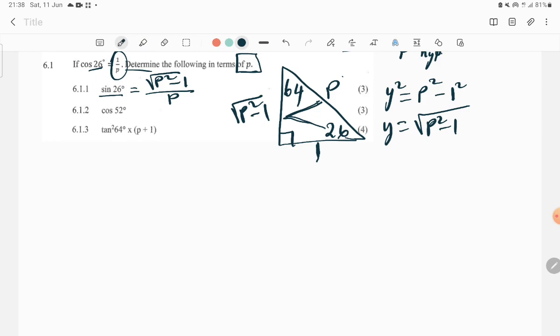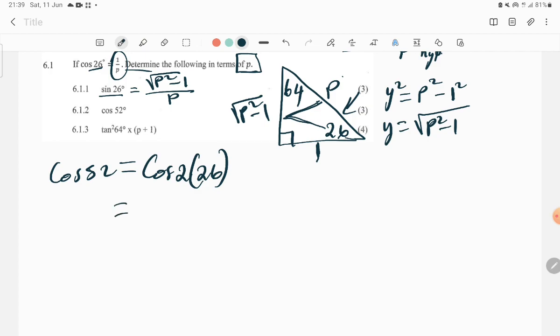Then coming to cos 52. Cos 52, you will remember that 52 is not found in our diagram, but 52 can be made by these special angles that we have in our diagram. For example, cos 52 can be broken down to be 2 times 26, and you will see that you have a double angle.